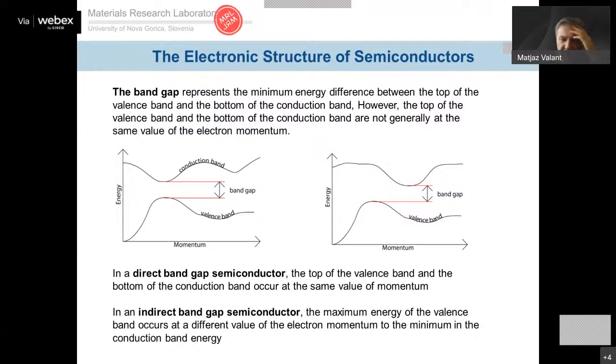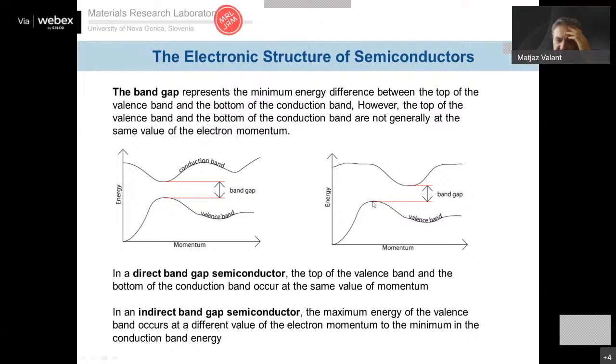However, in the case of indirect band gap, this is not enough. We cannot excite the electron only with a photon, because this will not change the electron's momentum. So we won't really be able to reach the upper orbital.